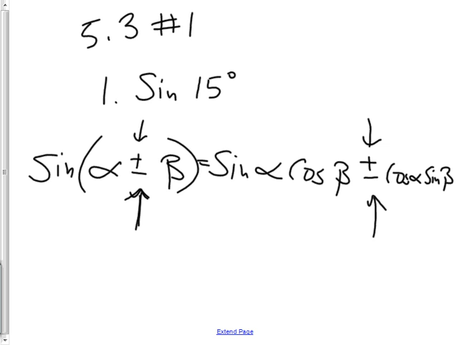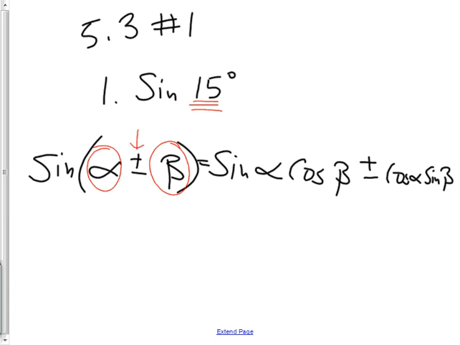Just like most formula problems, you just have to plug numbers in and make it work. And it'll be really nice once I figure out alpha and beta. As soon as I know alpha and beta, I can just plug everything in here. So what you have to ask yourself is, what numbers could I put here, and what sign should I use so I get a 15?